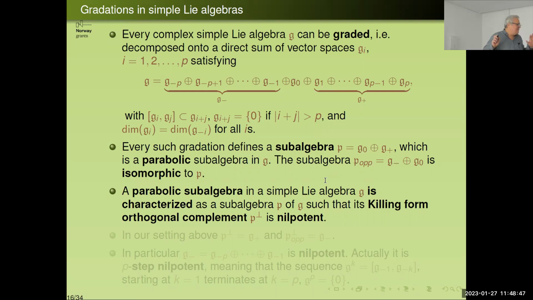That's not really the definition, but you can use it as a definition if you want to know what a parabolic subalgebra is. But I explained what it is if you have a gradation. In our setting, for example, the Killing orthogonal to P is G plus, and the Killing orthogonal to P opposite is G minus. So in particular, G minus and G plus are nilpotent.